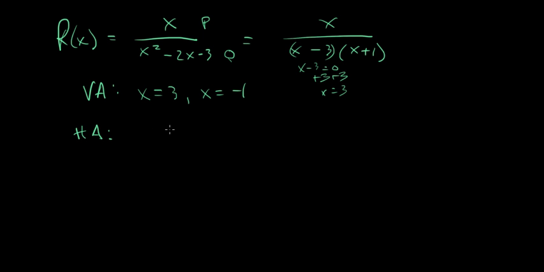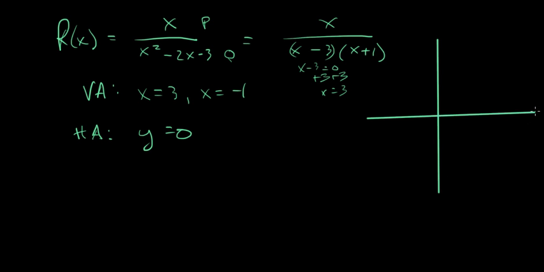So what that means from our blue rule is that the horizontal asymptote is at y equals 0. We can actually use this information to graph this. So there's our vertical asymptote at x equals 3. 1, 2, 3. Okay.